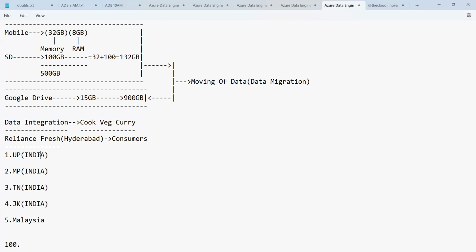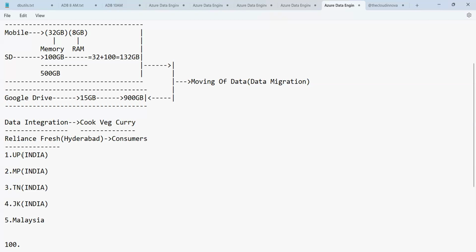Or else we can say you can get the vegetables which are imported from across the globe. You can see here Uttar Pradesh, which means this is cropped at Uttar Pradesh and bought for sale here in Hyderabad.